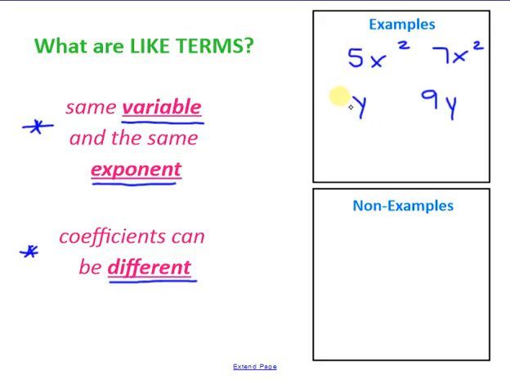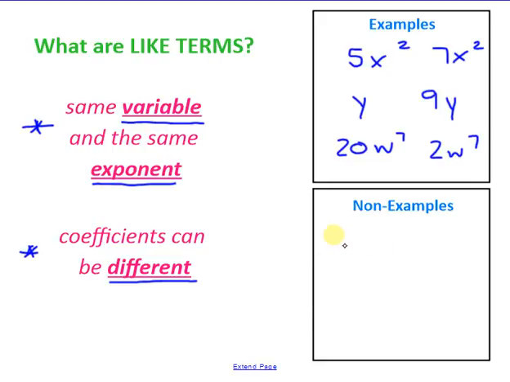There's an invisible 1 here, and there's a 9 here. And then lastly, another example would be 20w to the 7th power and 2w to the 7th power. They have the same variable, the same exponent, but the coefficients are different. The coefficients can be the same as well, okay, but they can also be different.